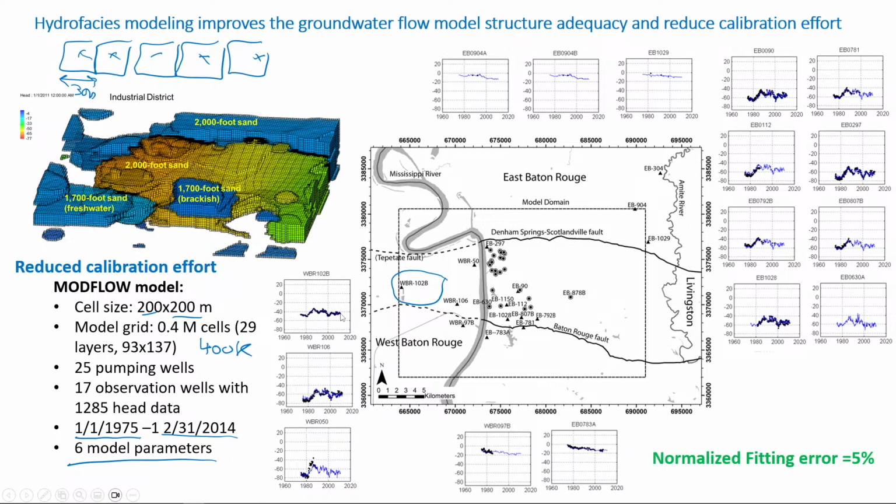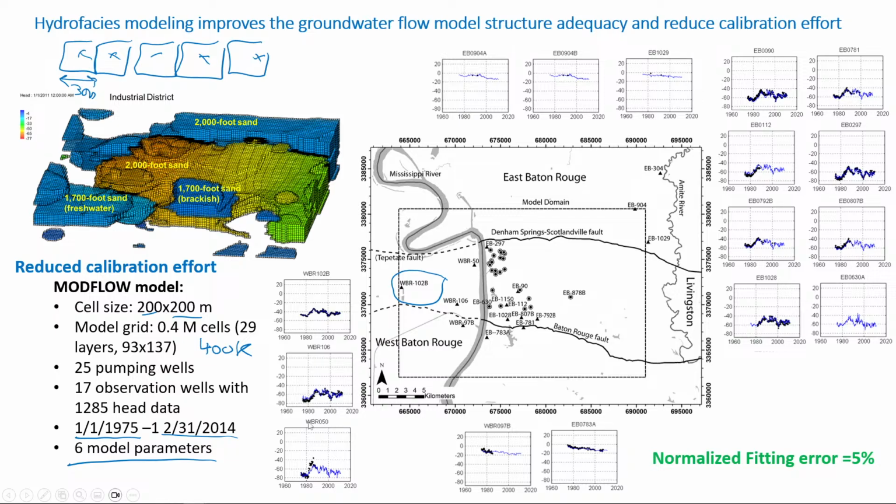You see my model is a perfect fit between what I'm observing in the field and what my model is simulating. This is not surprising because this is at the boundary here. I probably set this boundary condition based on the head of this well, and that's why you find a good fit here.